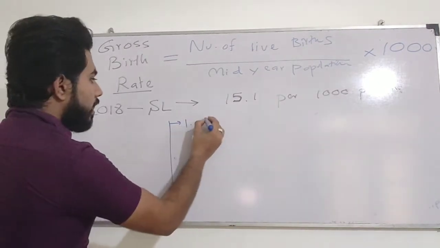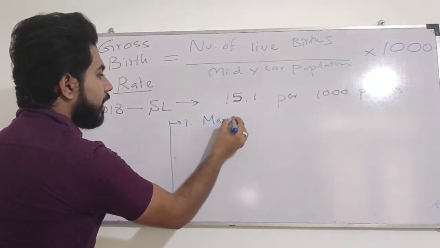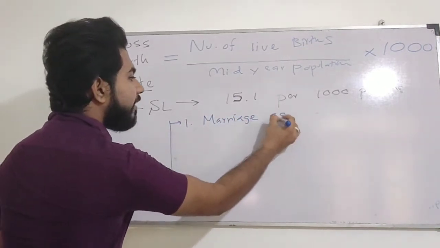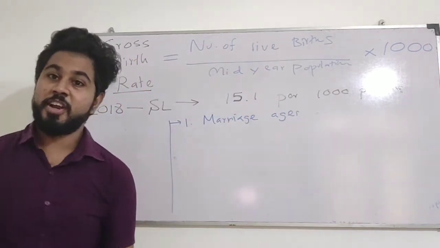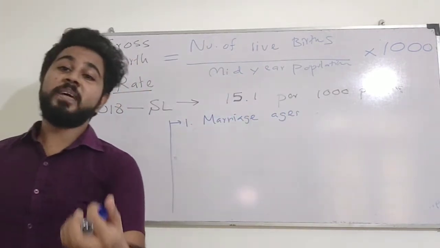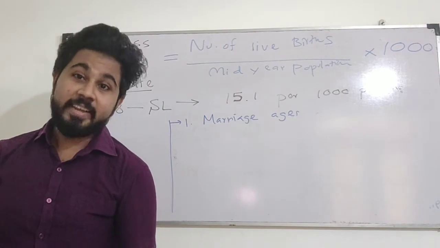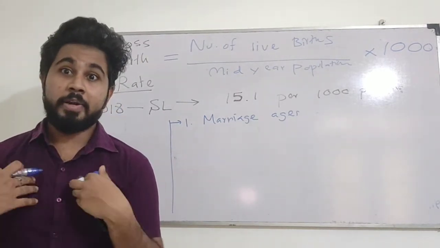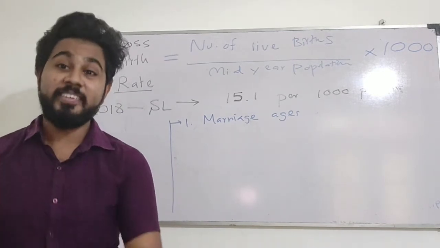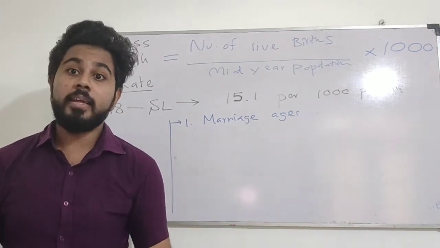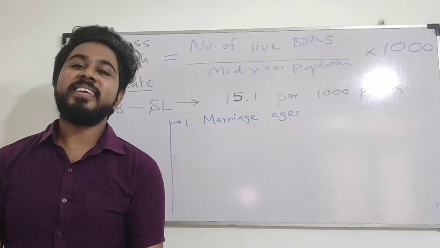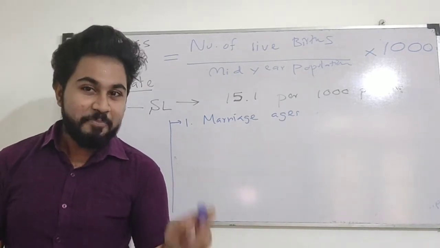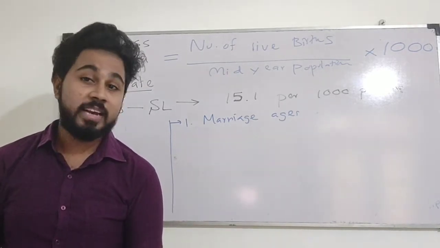Number one, okay, the marriage ages. Nowadays, some people are marrying in an early stage of their life. When we reach 16, when we reach 18, some people are marrying. So if we marry someone at an early period of life, then what will happen?